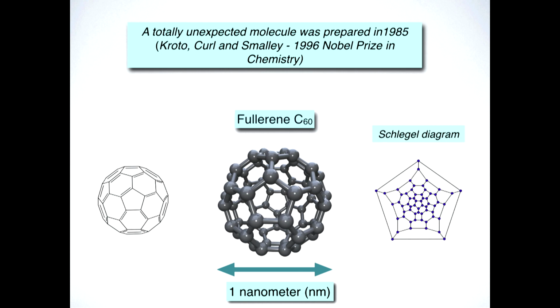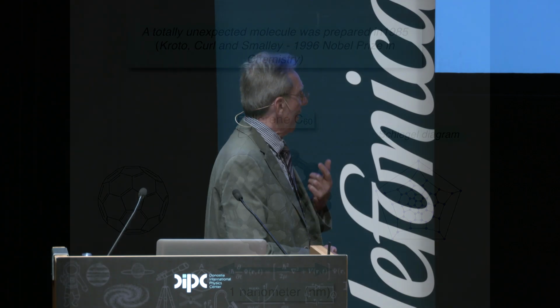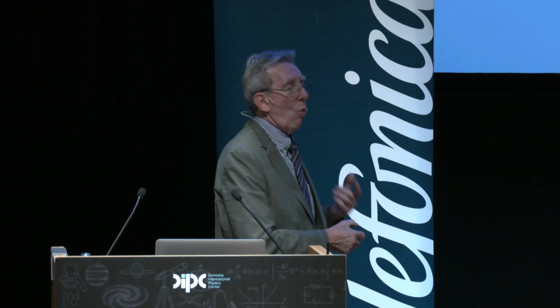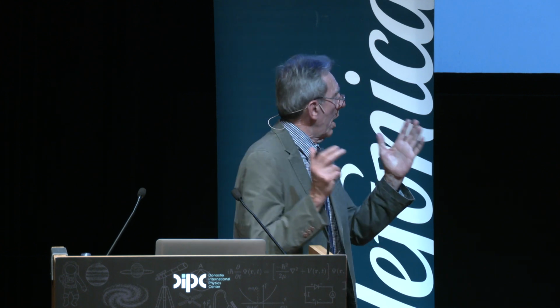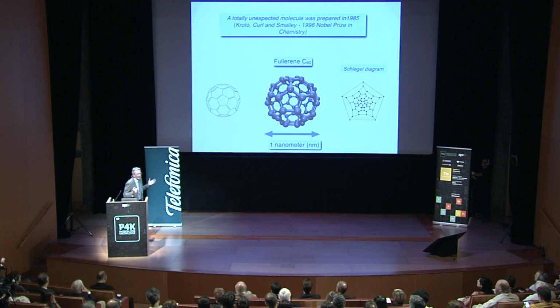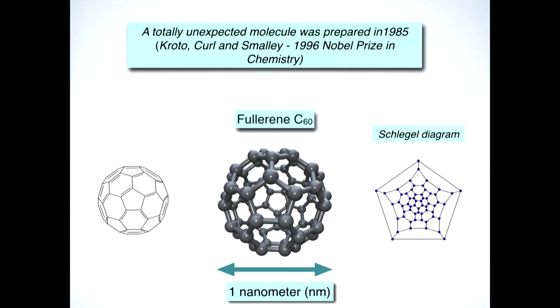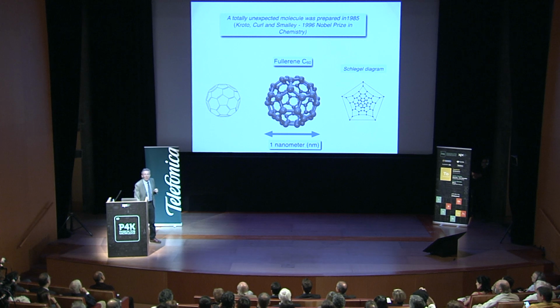And the reason why I like to talk about this molecule is because of its size. It is 1 nanometer large, or let's say the diameter of this compound is 1 nanometer. And 1 nanometer, probably everybody knows that 1 nanometer is small. But how small is it? And I just take a very simple image.